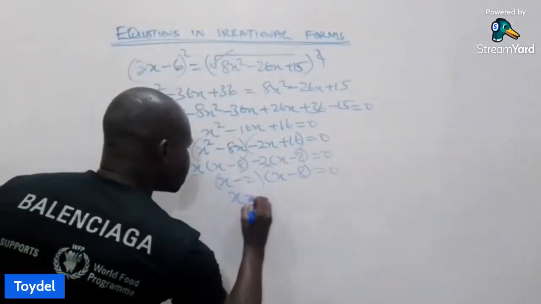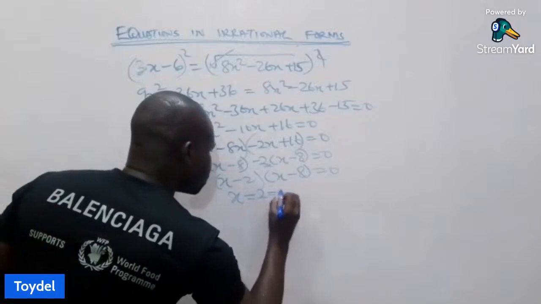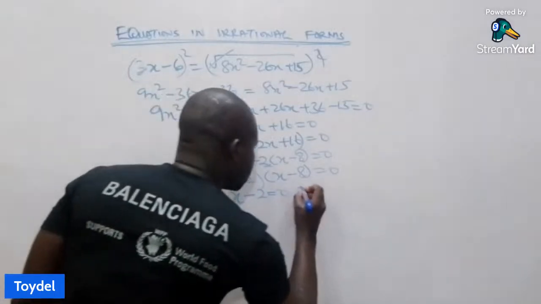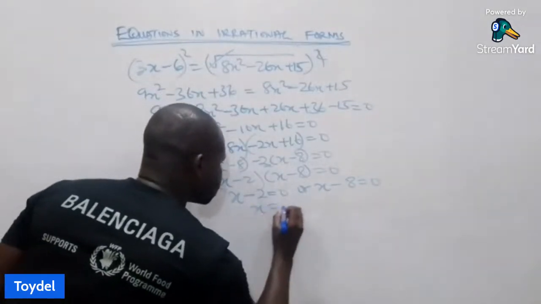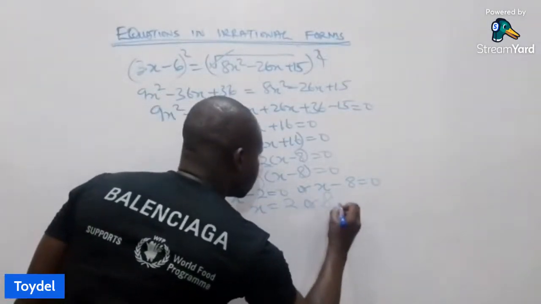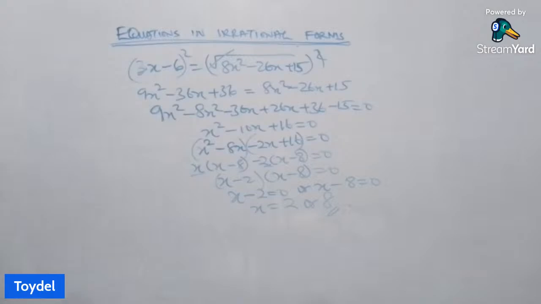So I will have x minus 2 equals 0, or x minus 8 equals 0. So x is equal to 2 or 8. And these are the two values of x that we are going to have.